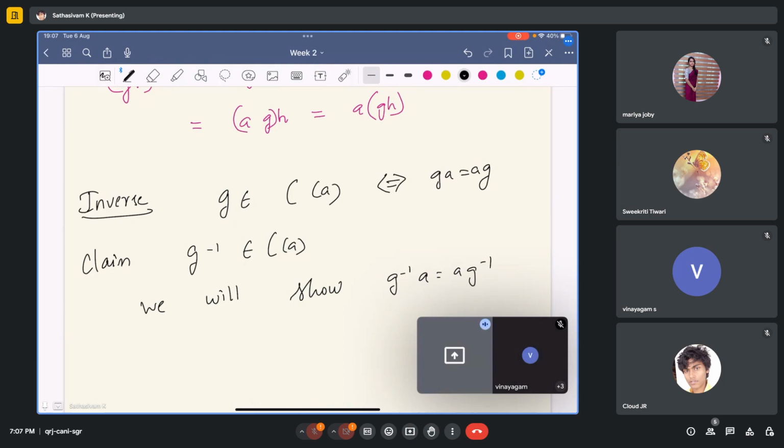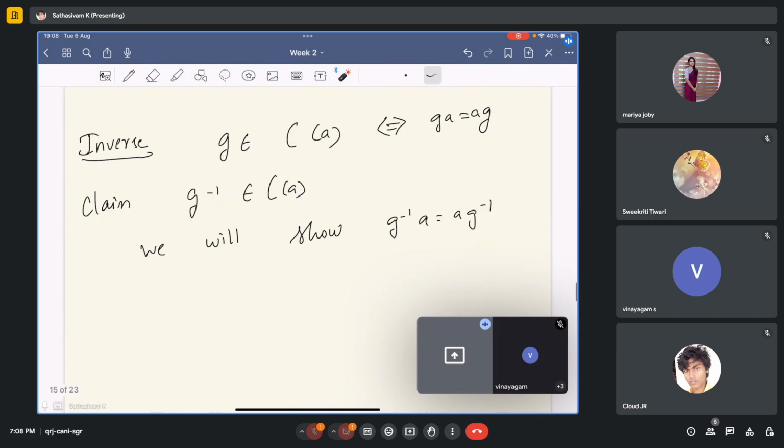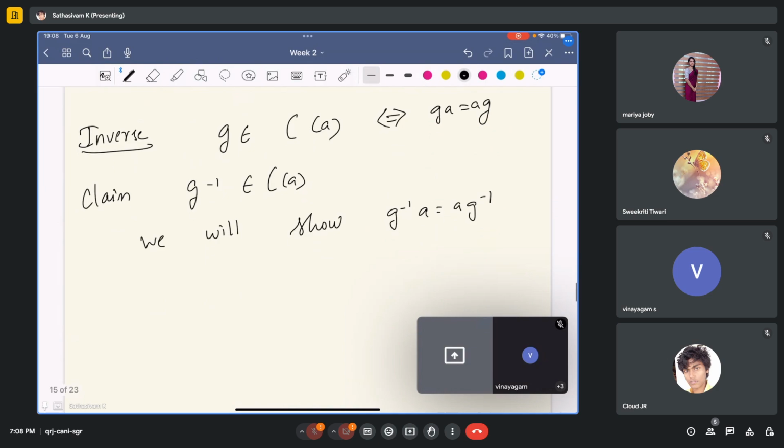Otherwise, I will continue. See, what we have is GA equals AG, right? What I want to prove is about G inverse. So from here, I have to somehow get there. That is the idea. All you know is this, so start with that. GA equals AG. This I know.